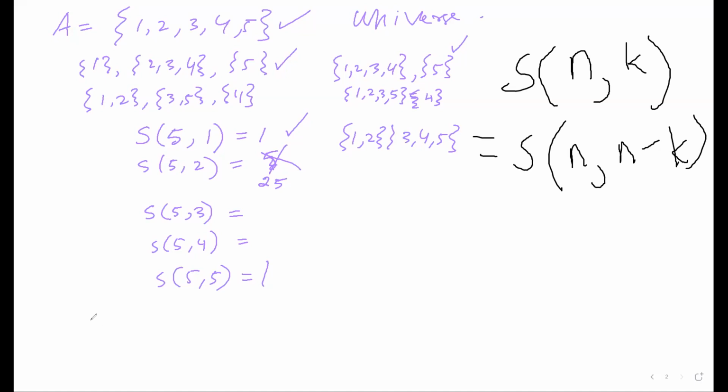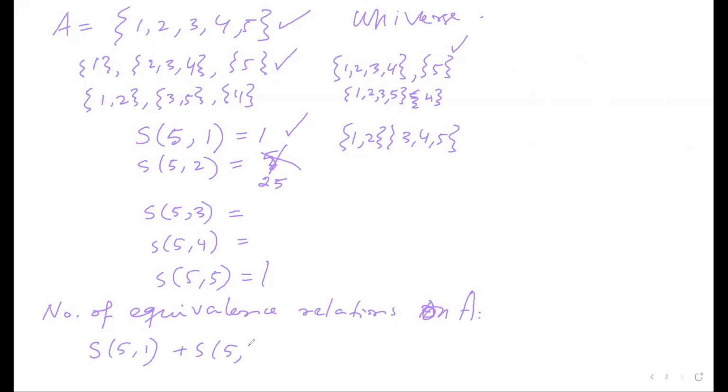Now, the number of equivalence relations on this set A is equal to S(5,1) plus S(5,2) plus S(5,3) plus S(5,4) plus S(5,5).